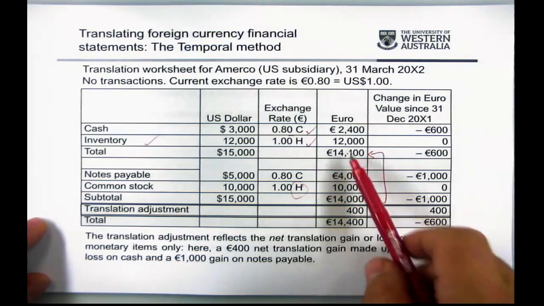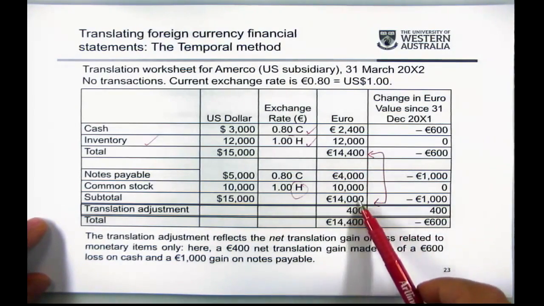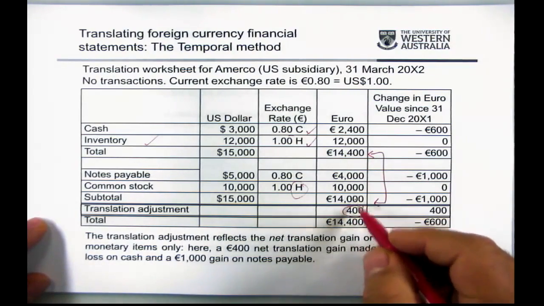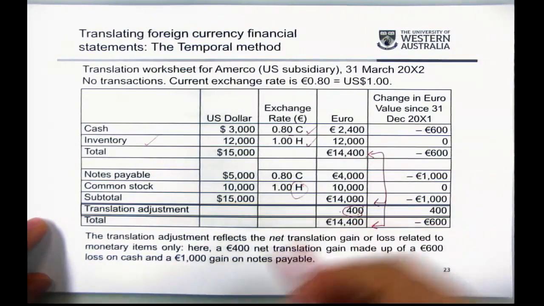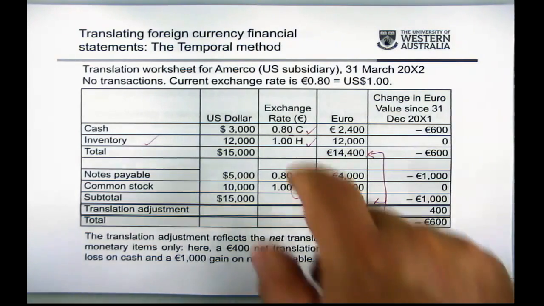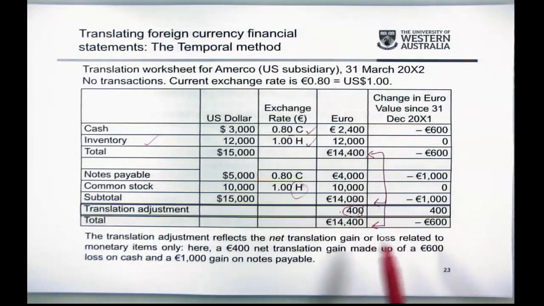This side is greater than this side, so we should add to this side an additional 400 to make this plus this equal to this side. So this adjustment, in this case, is positive. So it is more useful or appealing to the firm to use the temporal method in such a situation. We have a positive adjustment rather than a negative.